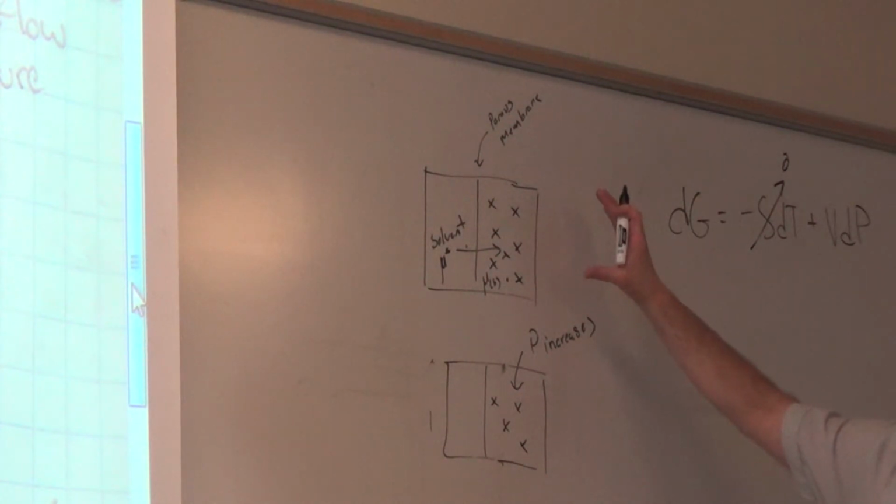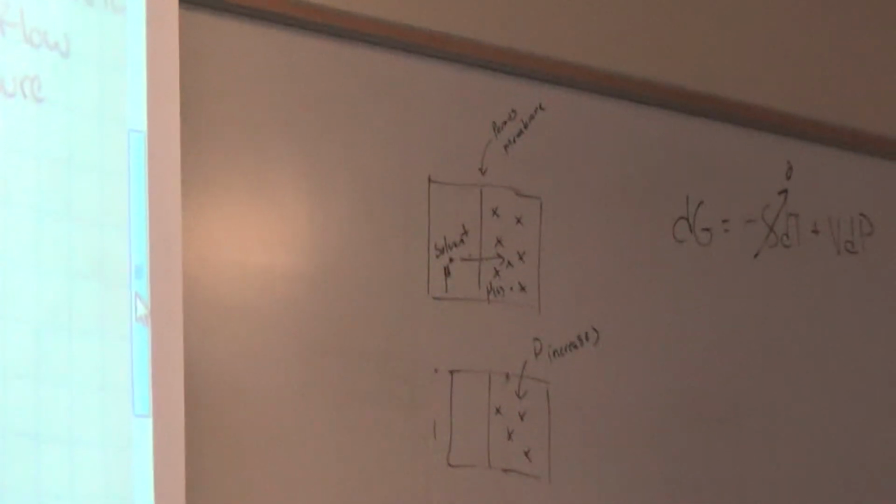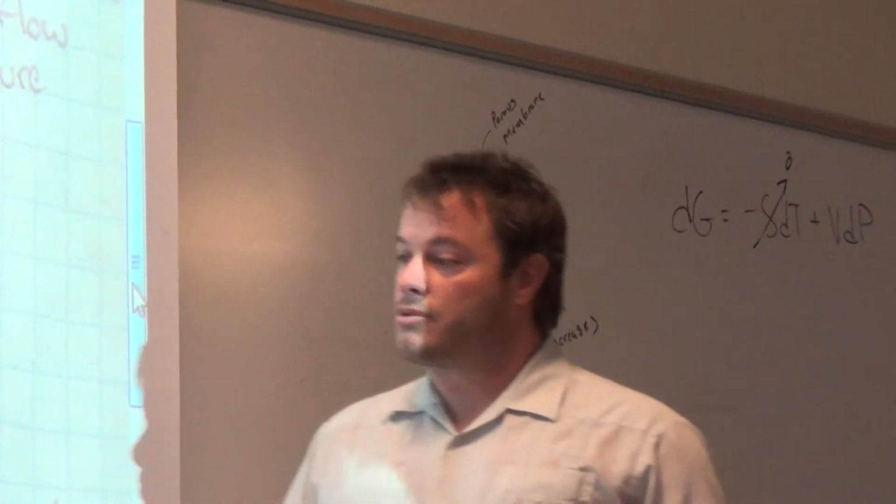When the pressure in that compartment increases, the chemical potential of the species increases. So in osmosis, we have an equalizing effect where the pressure increases just enough to overcome the lowering of the chemical potential due to the addition of the solute.